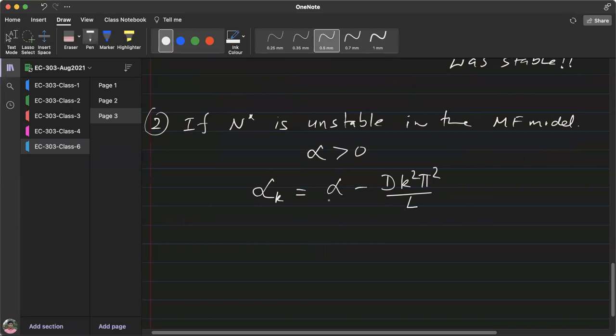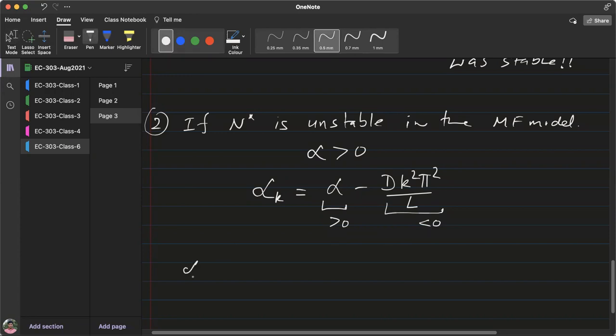So now what happens? This is now positive. This is now negative, right? So will this entire thing remain positive? Positive minus negative can be positive and it can also be negative, right?